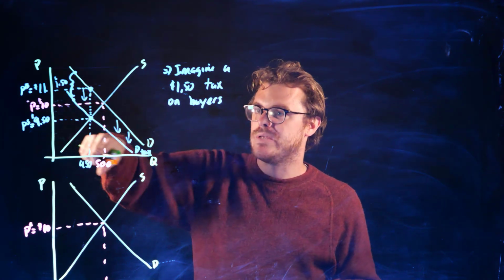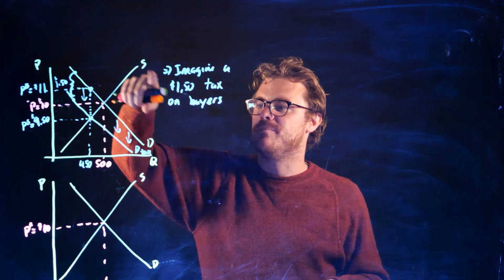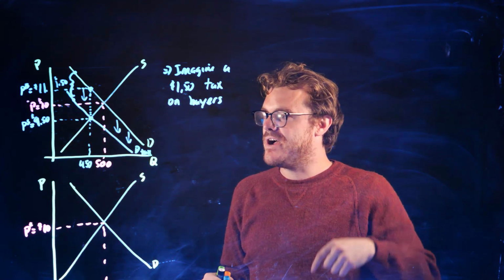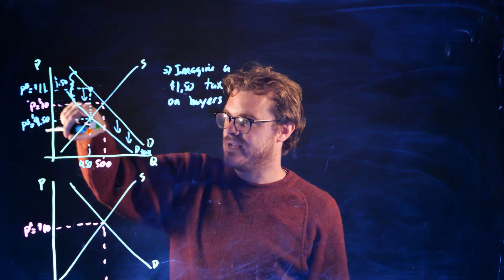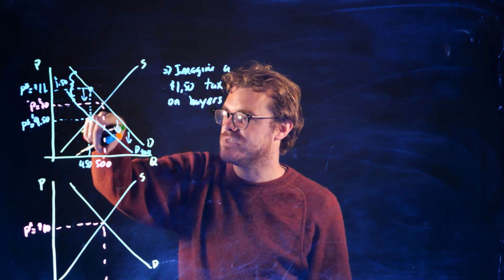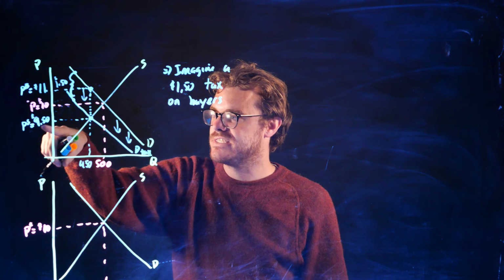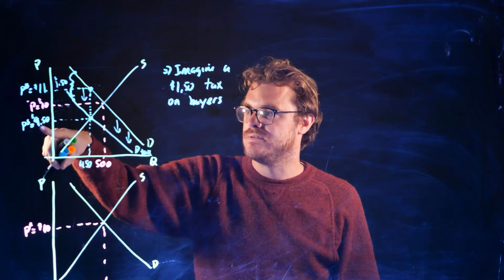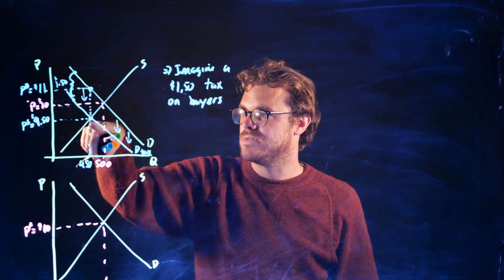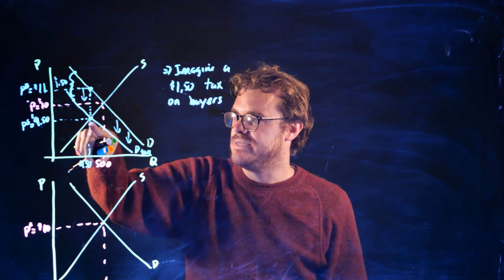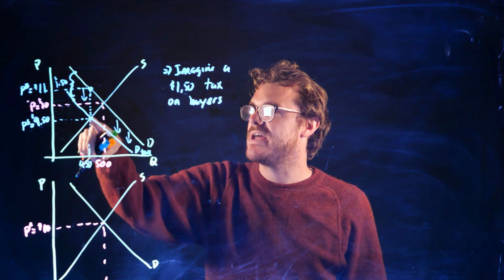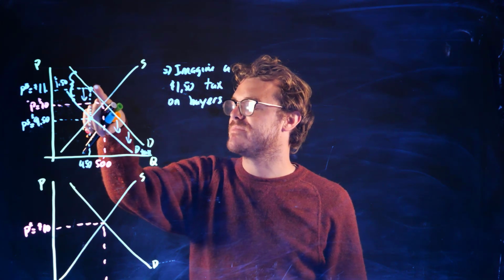So this is what happens when you have a tax on the buyers. The whole demand curve is shifting down. We see where this new demand curve intersects the old supply curve, and that's the price the sellers get. Notice that's less than the old equilibrium price. Now the buyers pay that price to the pizza parlors, but then have to pay $1.50 more to the government.